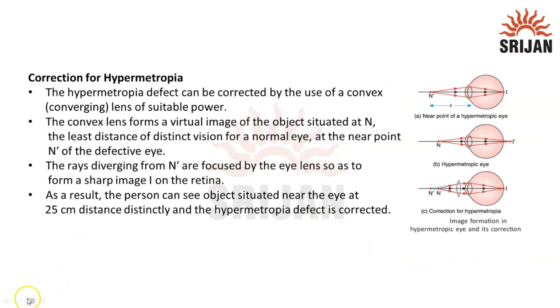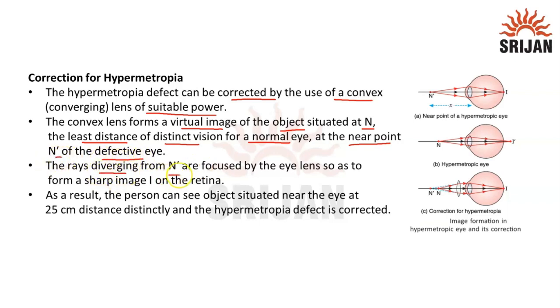Talking about the correction for hypermetropia, it is corrected by the use of a convex lens of suitable power. This convex lens forms a virtual image of the object situated at N, the least distance of distinct vision for a normal eye, at the near point N dash of the defective eye.